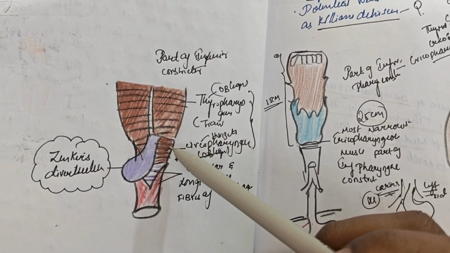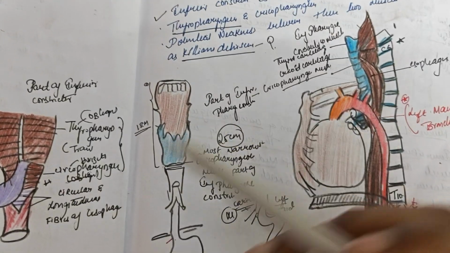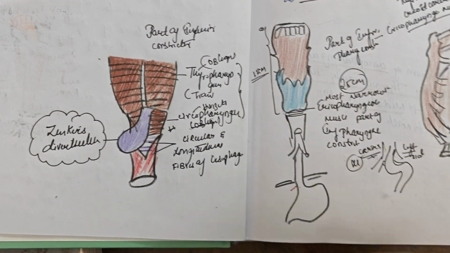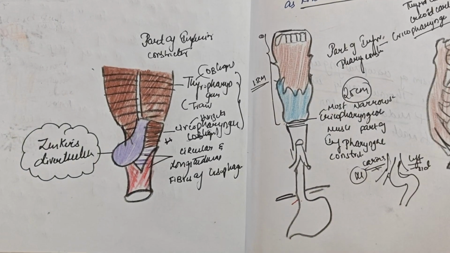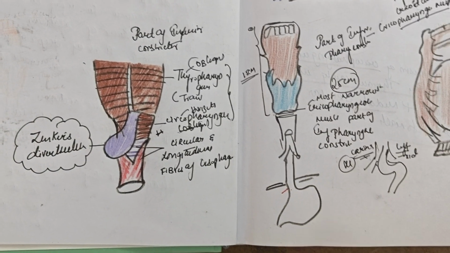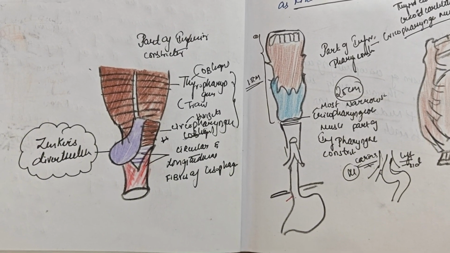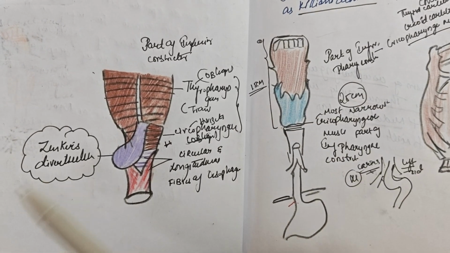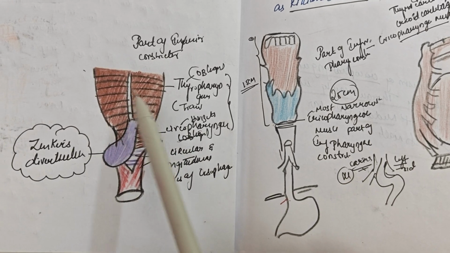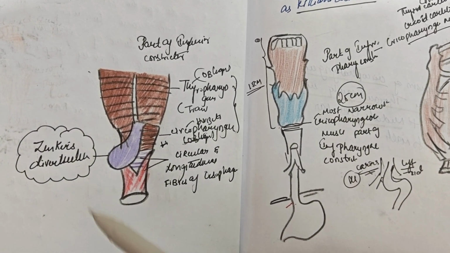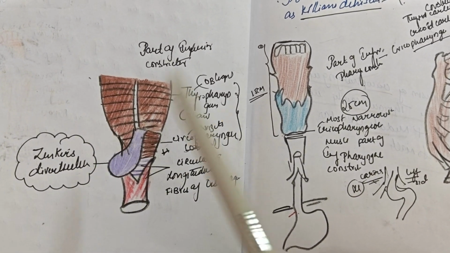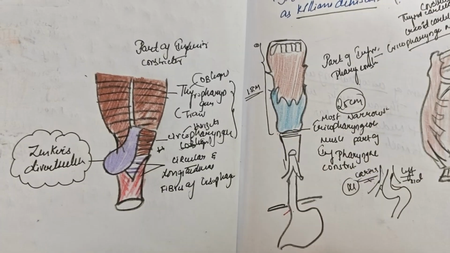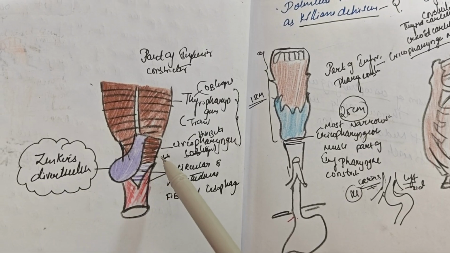And this is the cricoid bone that we'll be discussing, and this is the cricopharyngeus muscle. These two are part of the inferior constrictors. This is an obliquely placed thyropharyngeus muscle, and the horizontally placed cricopharyngeus muscle.